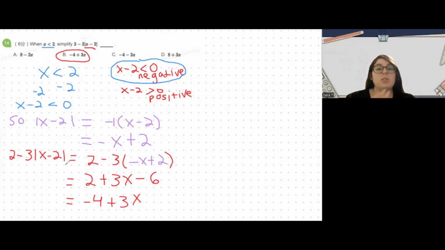Since it was negative, when you take the absolute value of a negative number, the answer is the number's opposite. We had to figure out what is the opposite of x minus 2. So how did we do that? We multiplied x minus 2 times -1, and we got -x plus 2. Then we just substituted that into the given expression and we simplified. And that's how we got our answer.